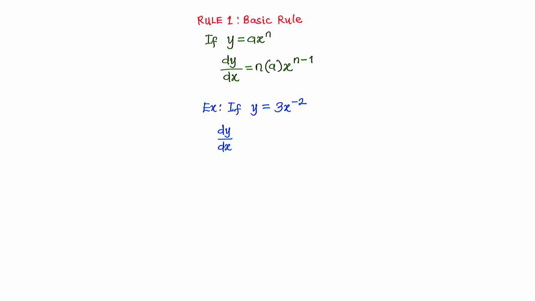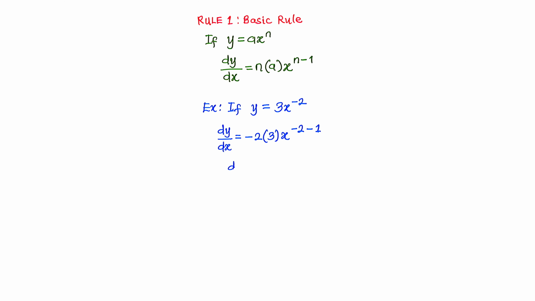differentiation of y with respect to x, will be equal to, the index, the power is -2, so we bring -2 down, multiply it with the existing coefficient, which is 3, write the variable back, subtract 1 from the power.